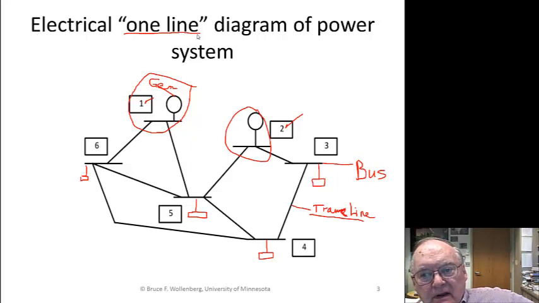Most all of our analysis is done with the one line, but we know that really the buses and the transmission lines are made up of 3. At a bus, we actually have 3 nodes or 3 buses for phases A, B, and C. Same thing with the lines. There will be 3 phases, but we reduce it all to a one line, and we do the analysis in what we call the per unit system.